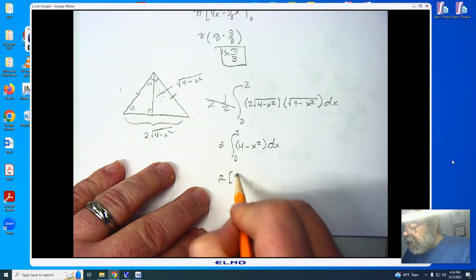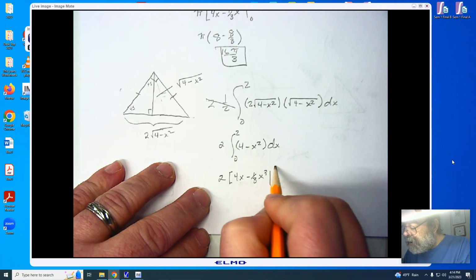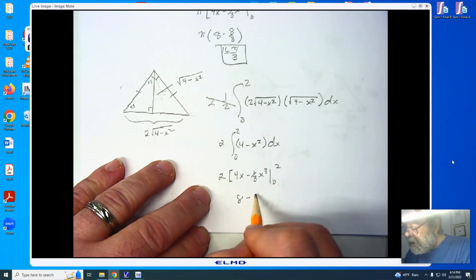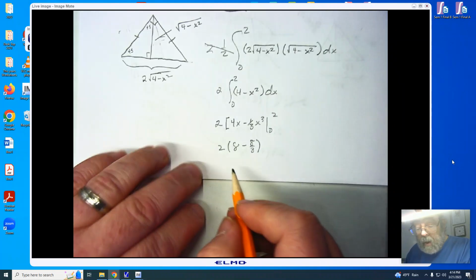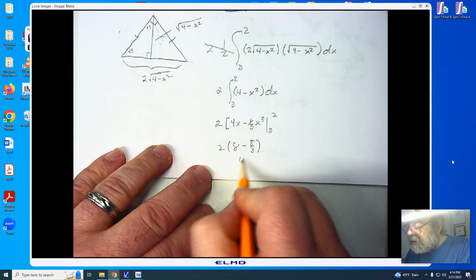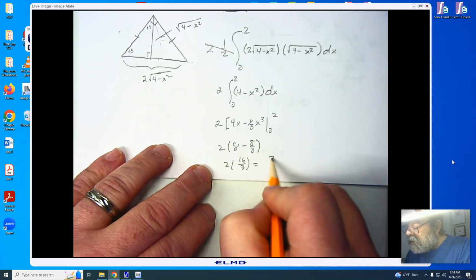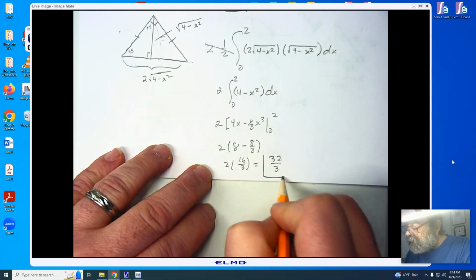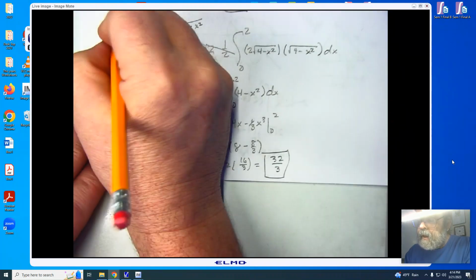So I'm looking at 4x minus 1/3 x cubed from 0 to 2. That's 8 minus 8/3 multiplied by 2, and that's going to give me 16/3 multiplied by 2 is 32/3. And there is number D.